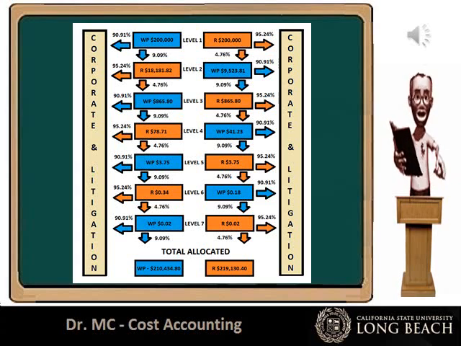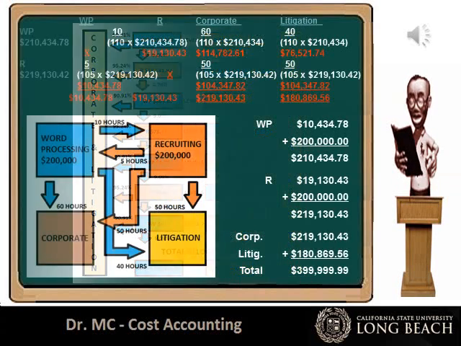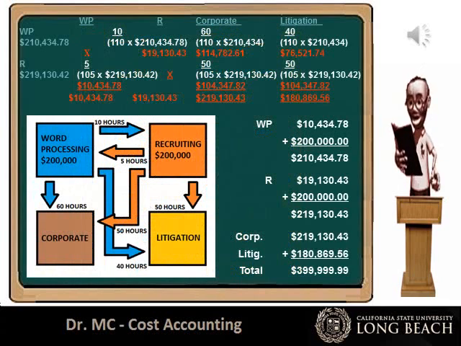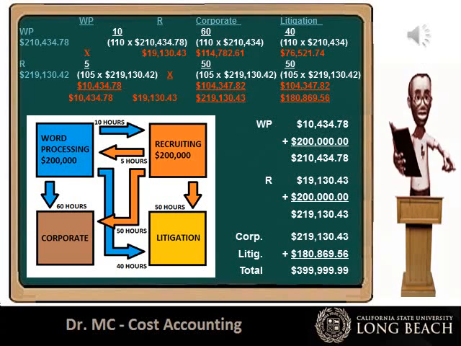We will now use those total allocation figures that we just calculated, and have word processing allocate $210,434.78 to the departments that it supports. We will also have recruiting allocate $219,130.42 to the departments that it supports.